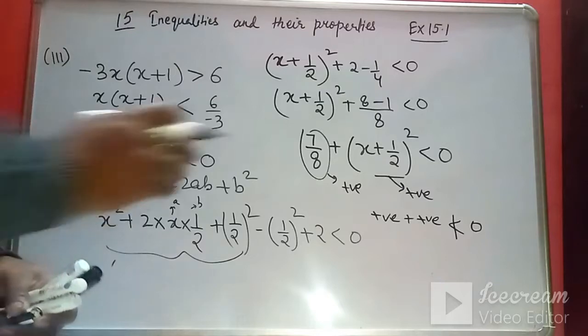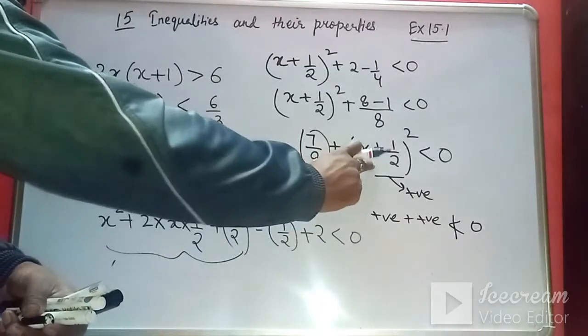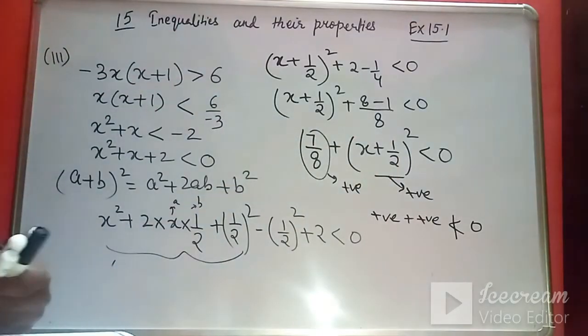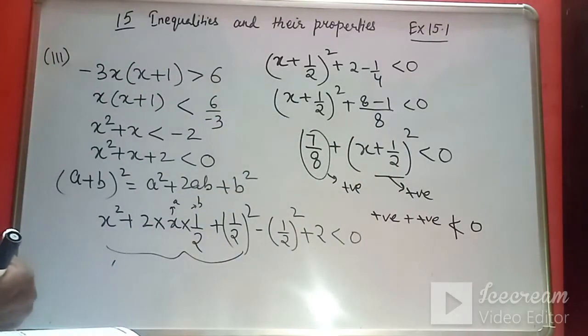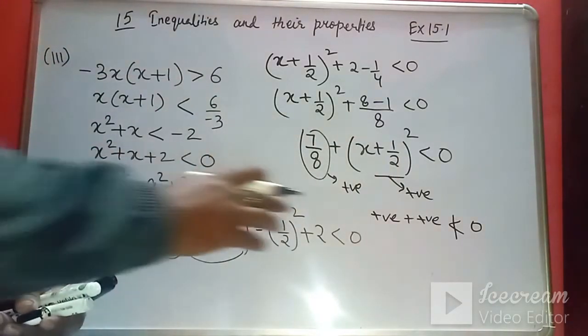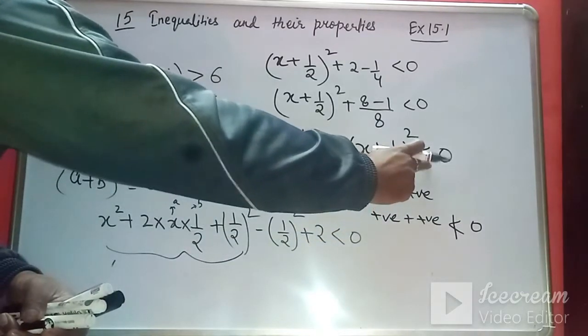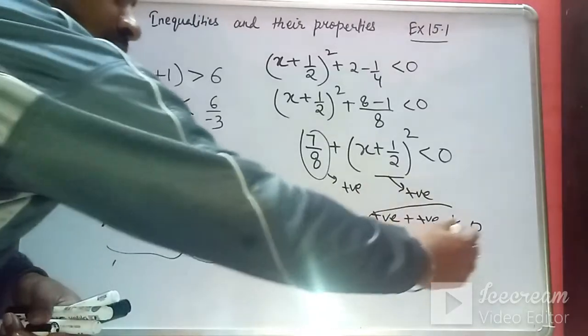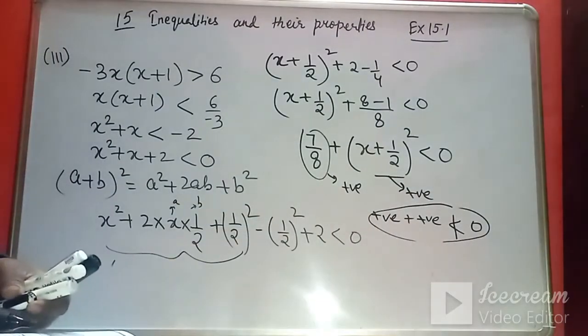Is it? This is a positive number and this is a positive number. Because a square, a number having the even power, is always positive. And what we have to satisfy, it should be less than 0. So two positive numbers when added together, they cannot be less than 0.